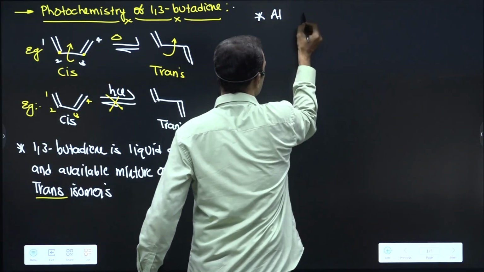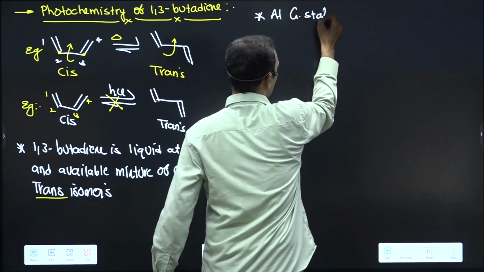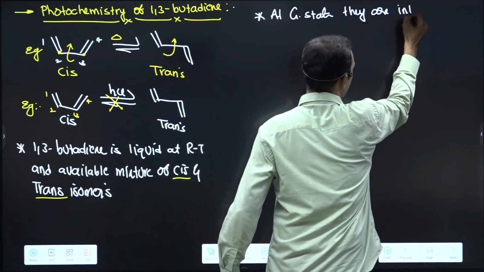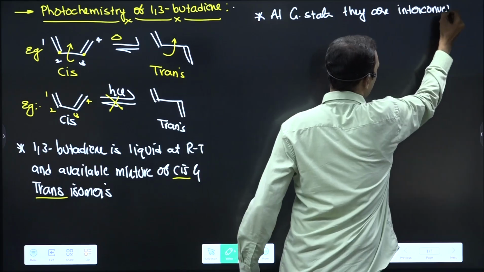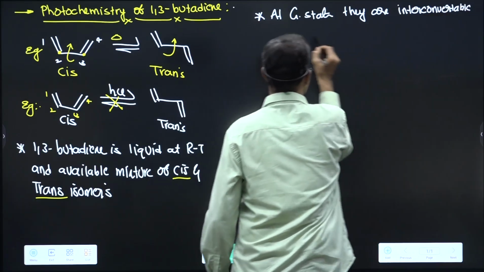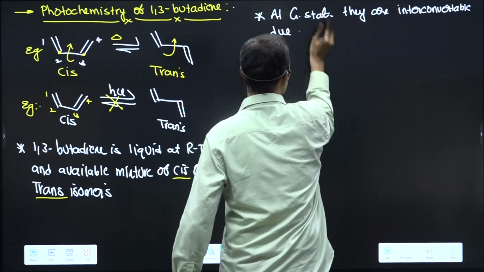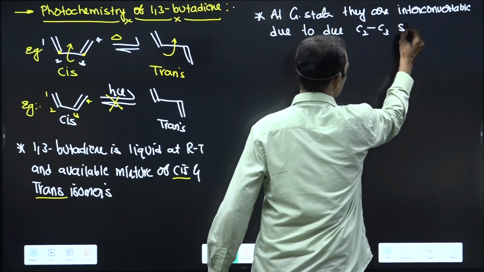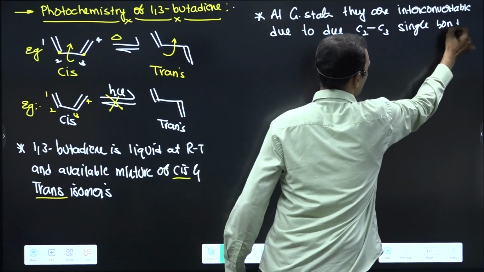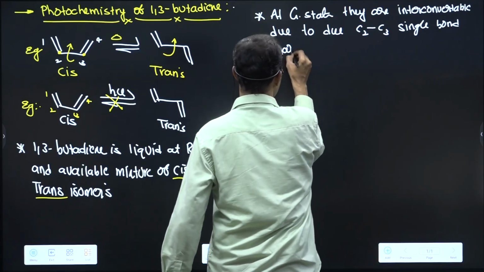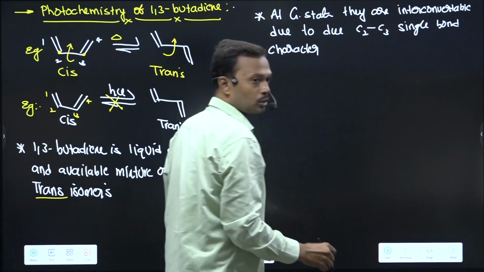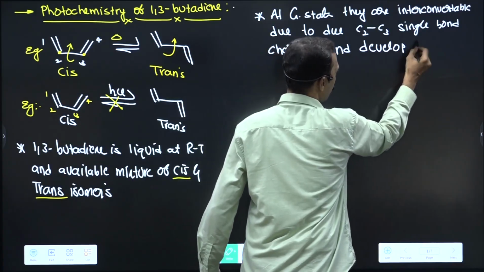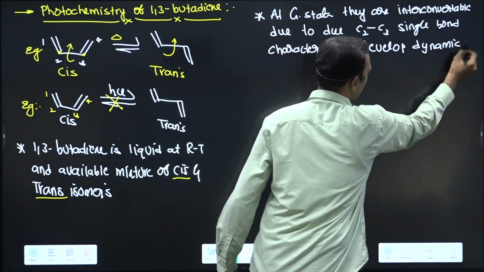See, at ground state, they are interconvertible. Why are they interconvertible? Due to C2C3 single bond character, and they develop a dynamic equilibrium.